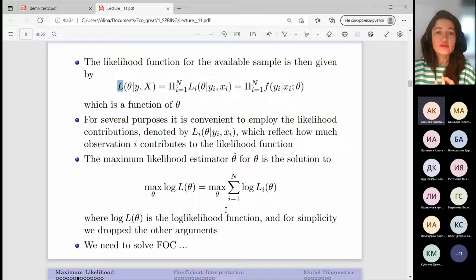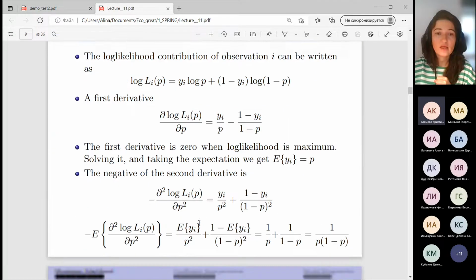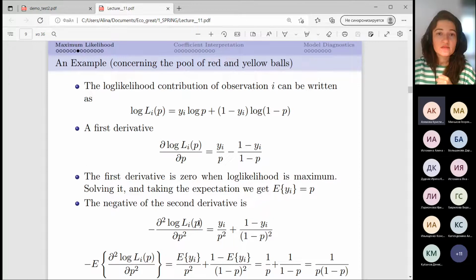In general terms, we can write all these ideas as the solution of this problem. So you need to maximize the logarithm likelihood function of the unknown parameter theta. And again, we need to solve the first order condition. This is the abbreviation of first order condition. How can you do this?